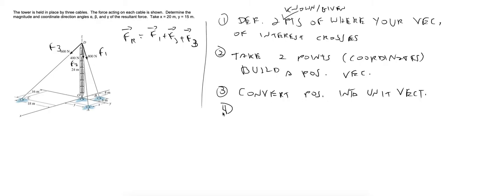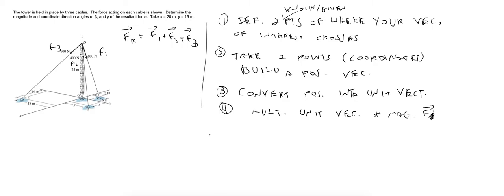And then the fourth thing is to multiply the unit vector times the magnitude of the force. Call it force I, just the force of interest, whatever it is. The magnitude of the force. Following those steps is crucial.